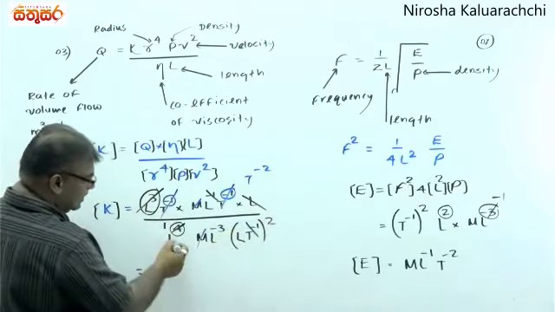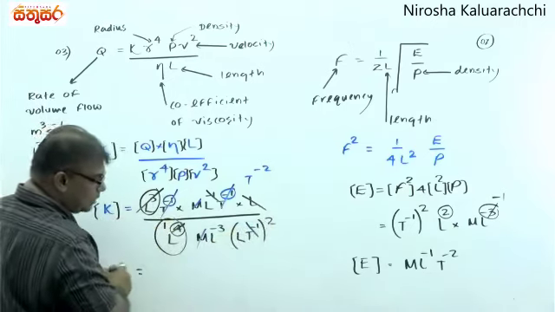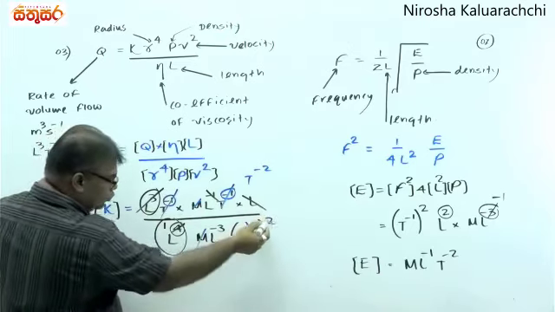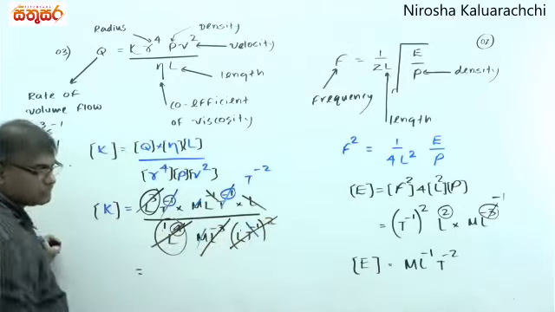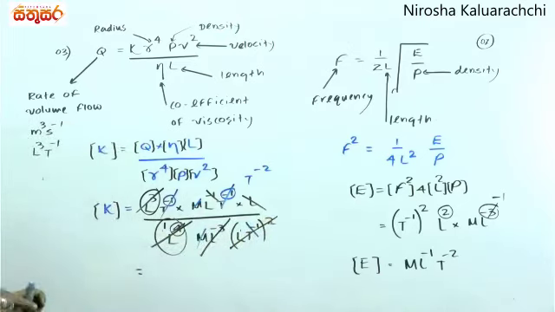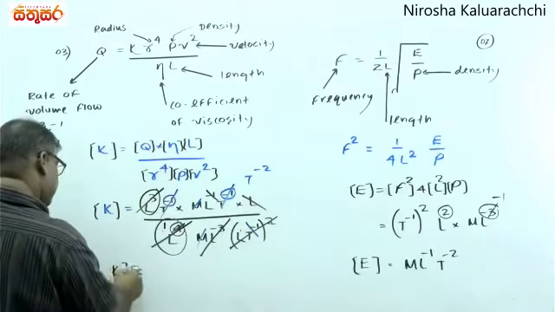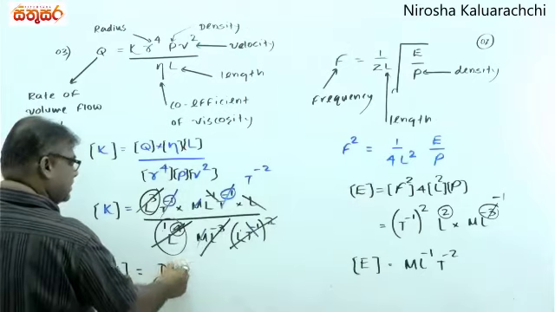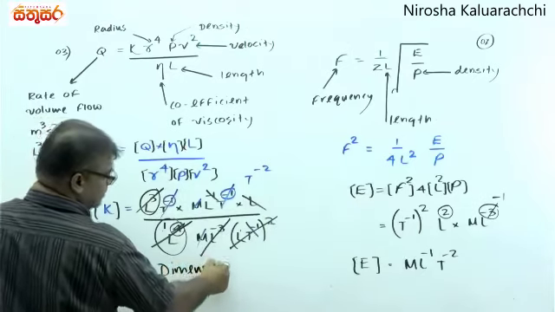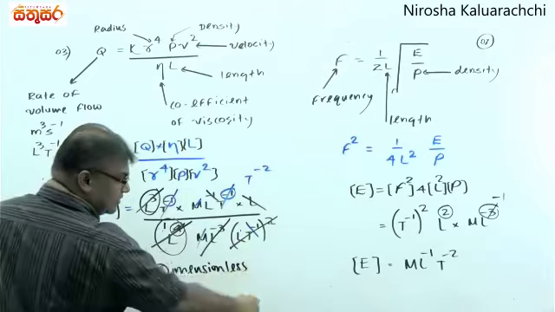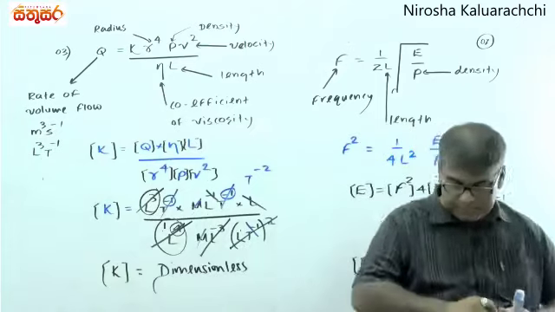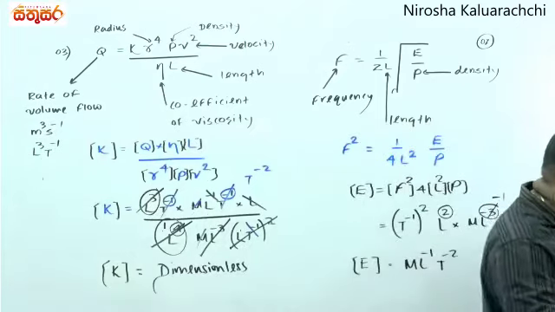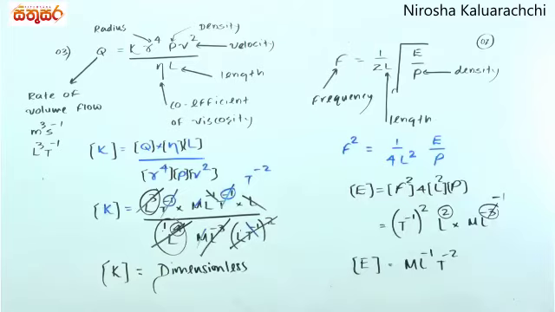This one consists of L to the power 1, L to the power 2, 2 plus 1, 3, that 3 and this 3 cancel. All the values are cancelled. Then say K is dimensionless or has no dimensions. Can we mention it?